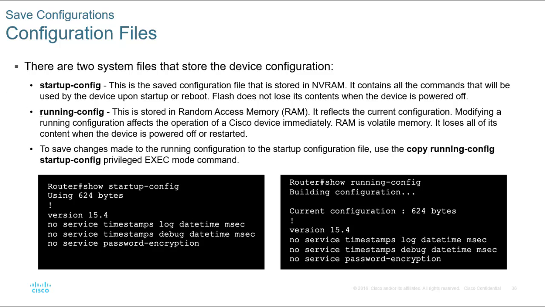So this is called running config, and that's going to be stored in your random access memory. As I said, that's volatile. That reflects the current configuration, all of the changes you've made in this session since it was last rebooted. So that's going to affect the operation immediately as far as the RAM is concerned.